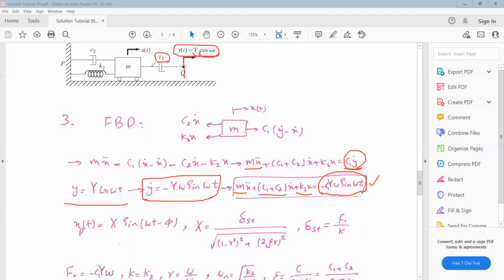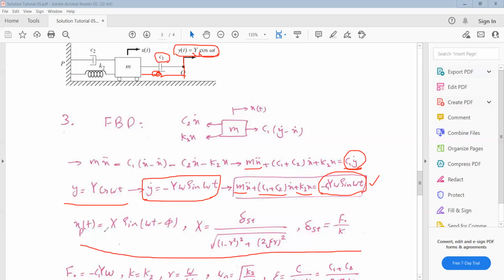If instead of this damper, we had one spring, for example, something like this, then here on the right hand side of the equation, this non-homogeneous term would be k times y instead of y dot, okay? But the solution procedure is the same. I mean, we again have one harmonic non-homogeneous term, and we can consider the response in this form.